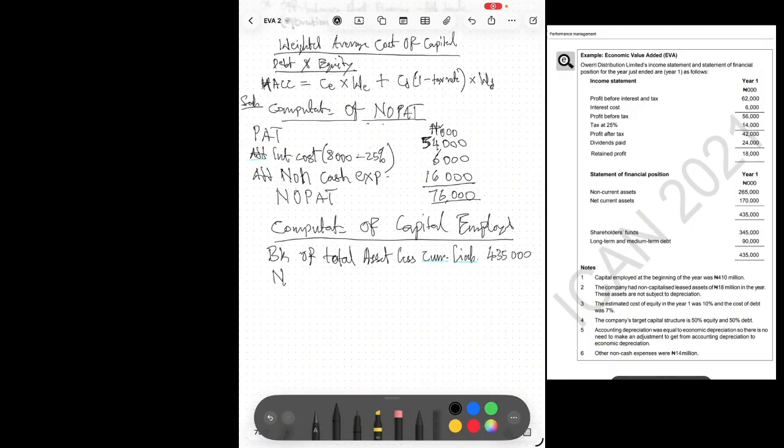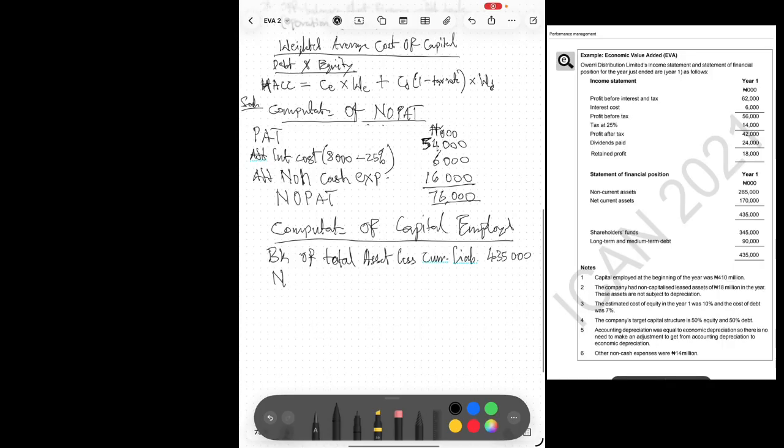We said there are 3 adjustments you can make on capital employed.